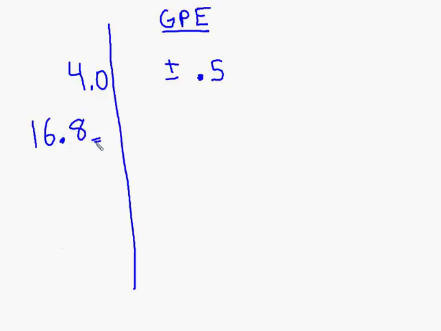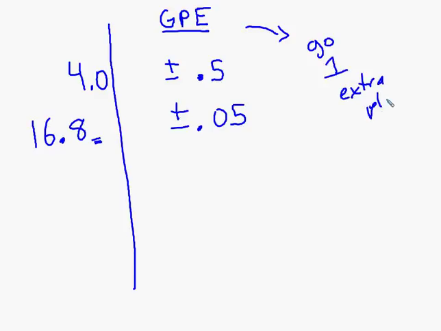The next digit would be the hundredths place, so I could be off by plus or minus 0.05. So go one extra digit. Basically, the greatest possible error is go one extra place. Plus or minus. I could be off negative 0.05, or up 0.05.